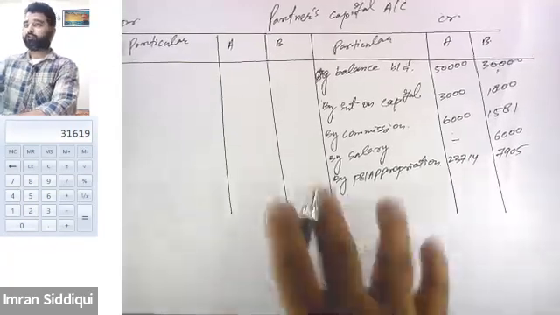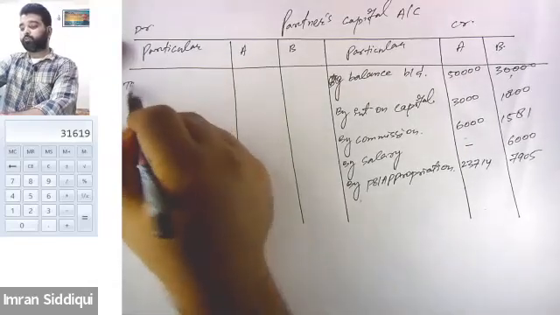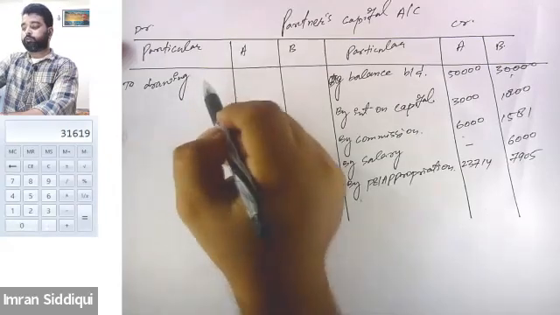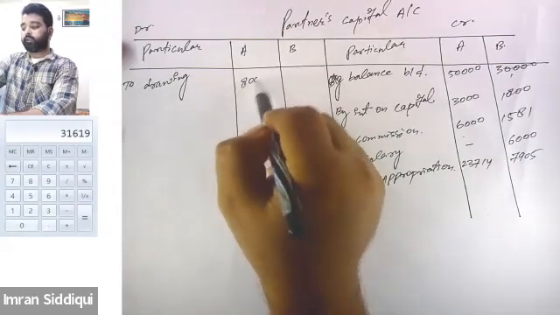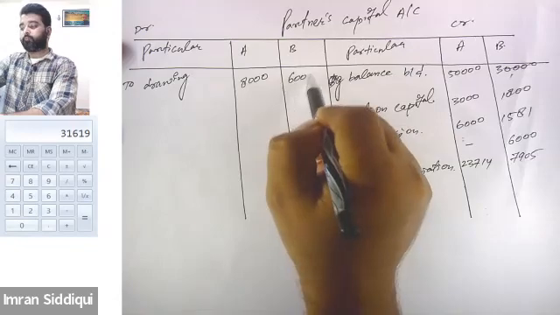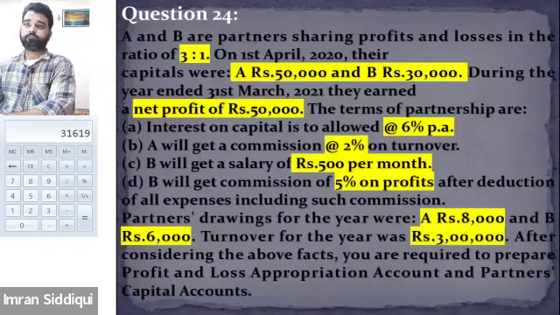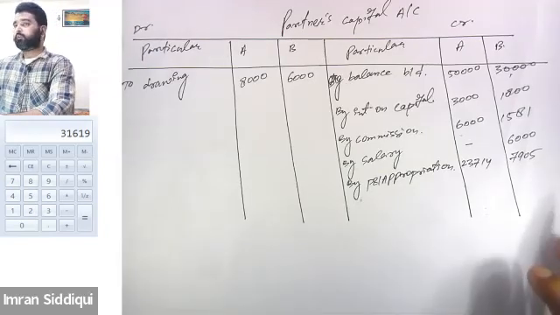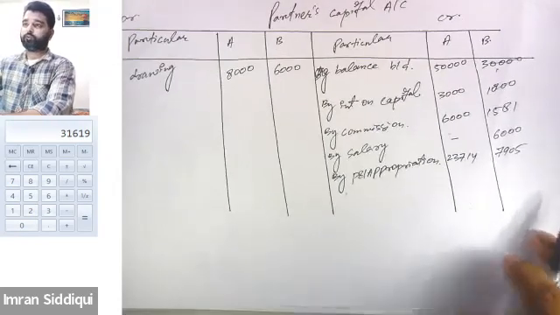So we will write down to drawings: 8,000 by A and 6,000 by B. I guess this is it. There is nothing more that we need to write on the debit side. Tell me, guys, is this clear to all of you?